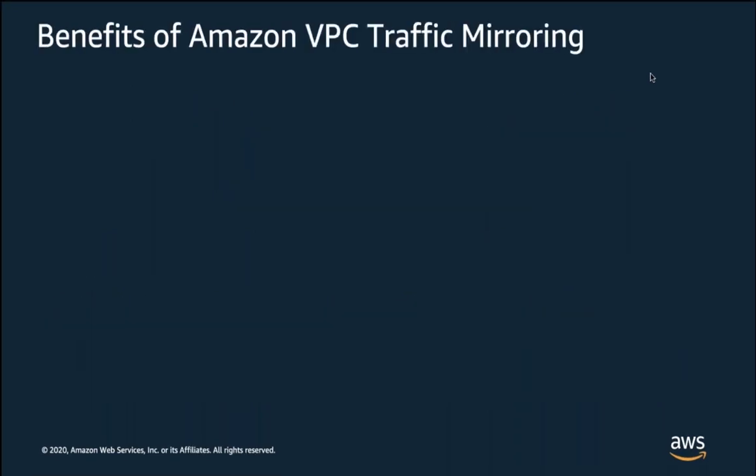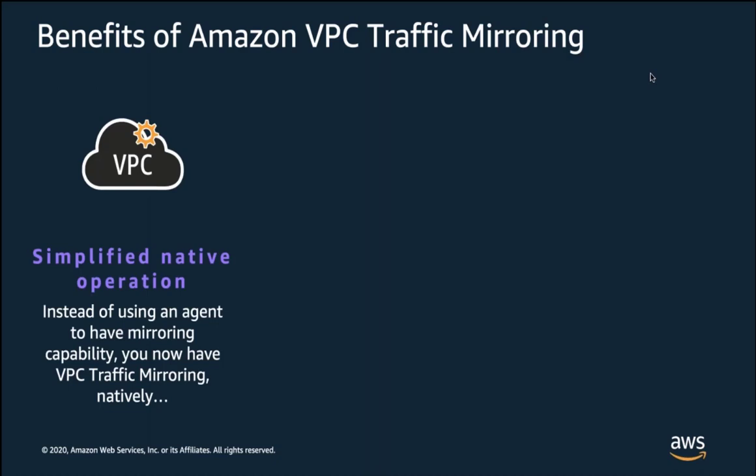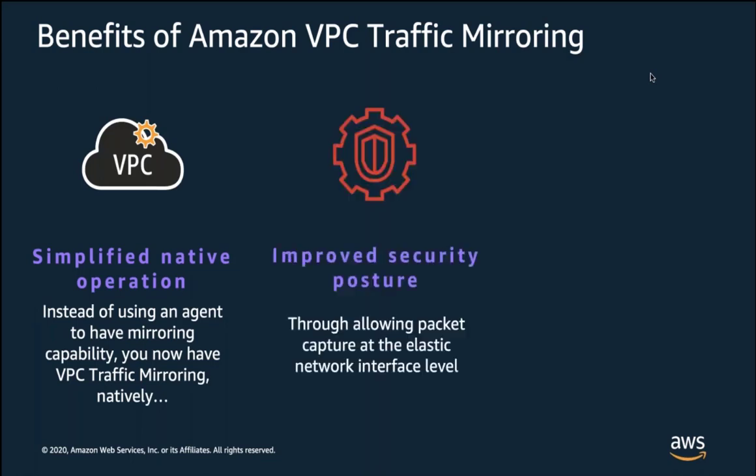So what are the benefits of Amazon VPC traffic mirroring? First, you no longer need to deploy agents to start capturing information from your instances. All you need to do is enable traffic mirroring on your ENI on one of your instances and then decide where that traffic needs to be forwarded to.